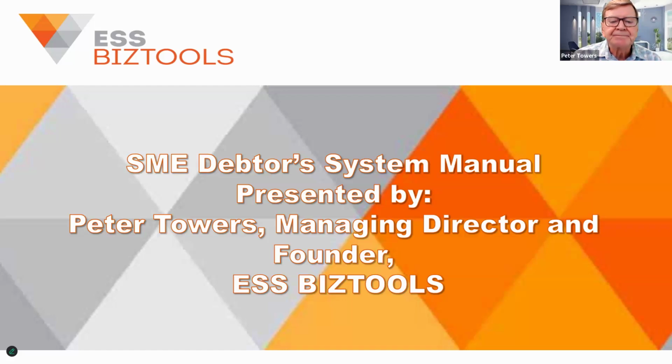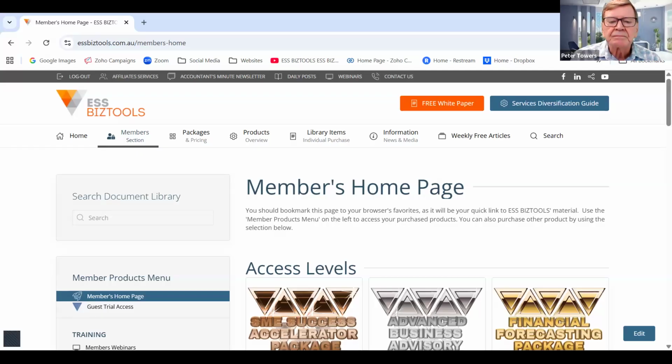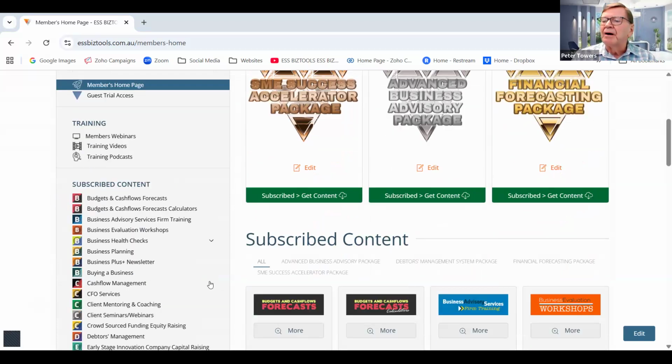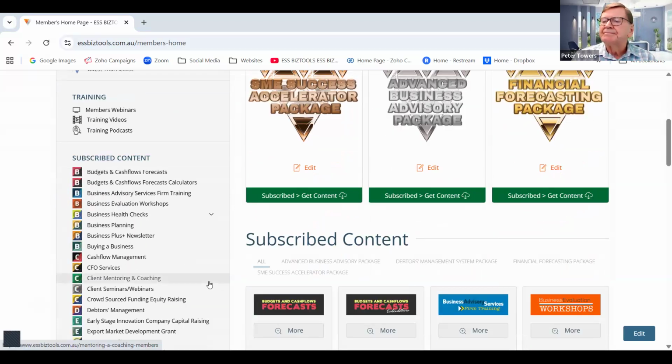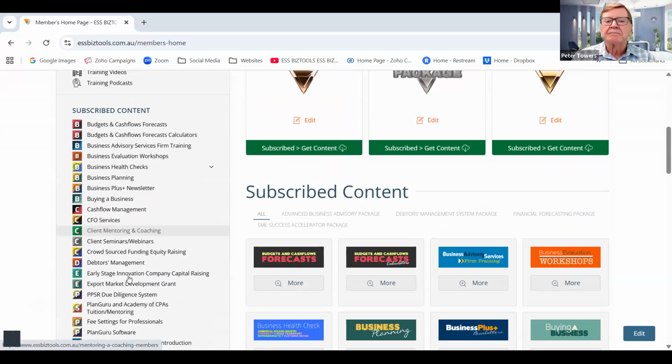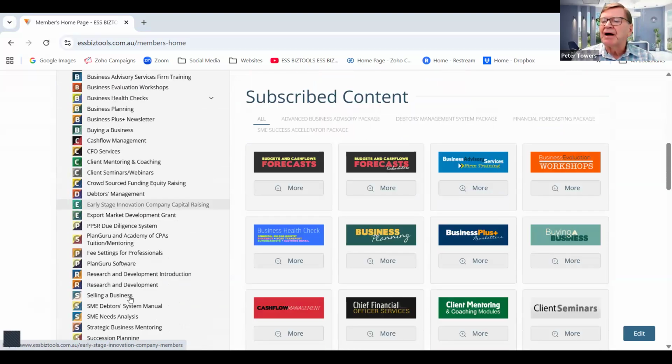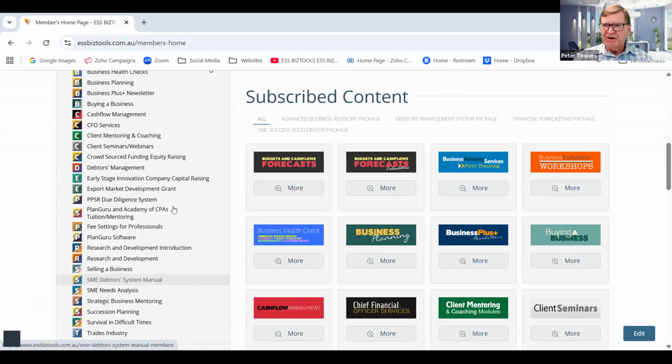So I'm now just going to go onto our website, which you can now view. And I'm looking for the SME Debtors Systems Manual, which on the website is on the left-hand side of the overall screen when you first go into the members area.